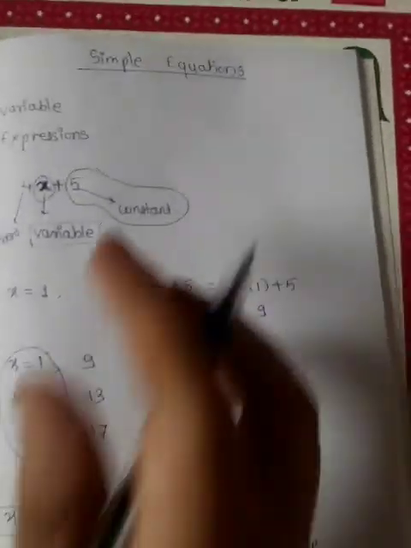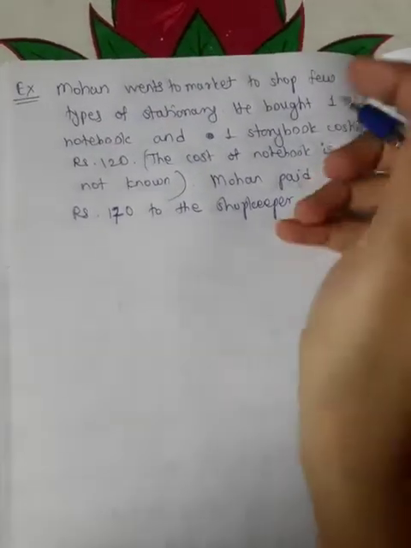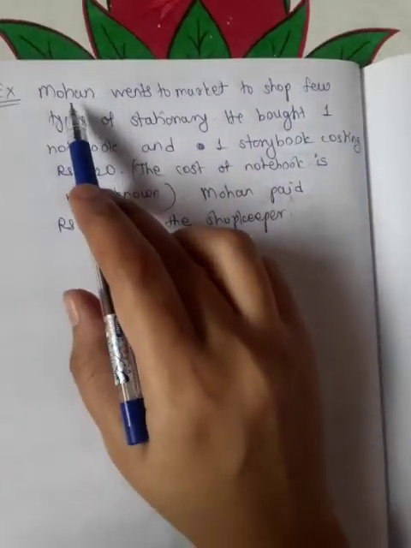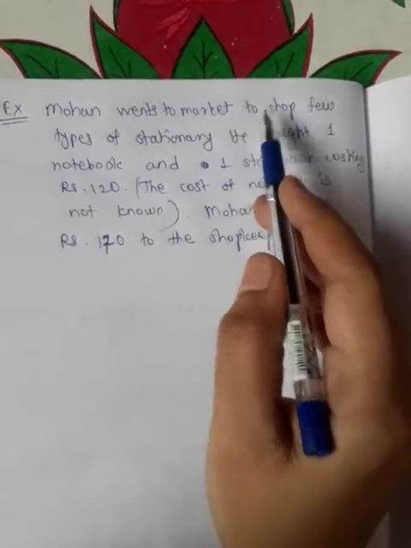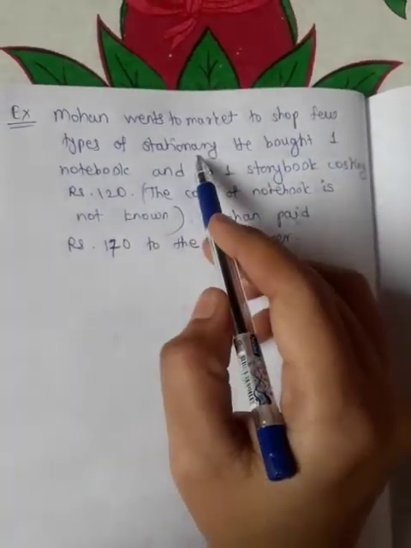But we have to study what equations are. So let's take an example, see this word problem. Mohan went to the market to shop for a few types of stationery.